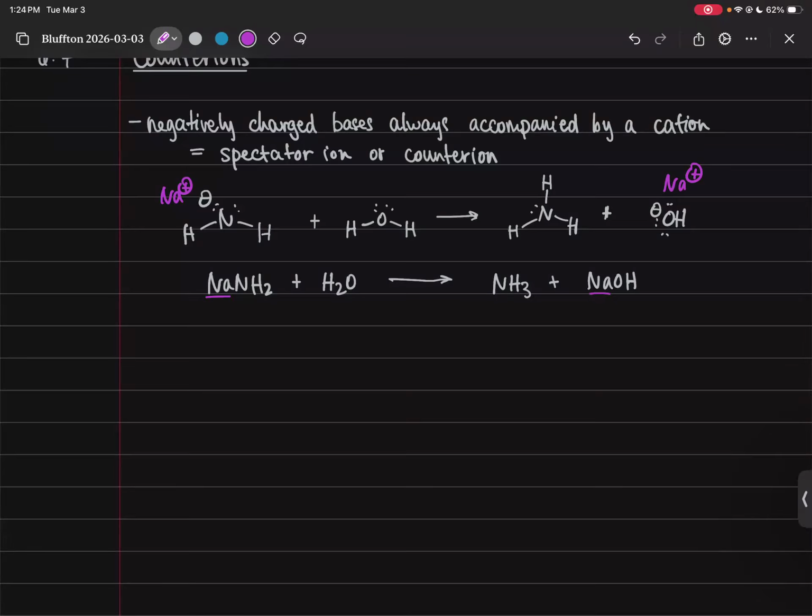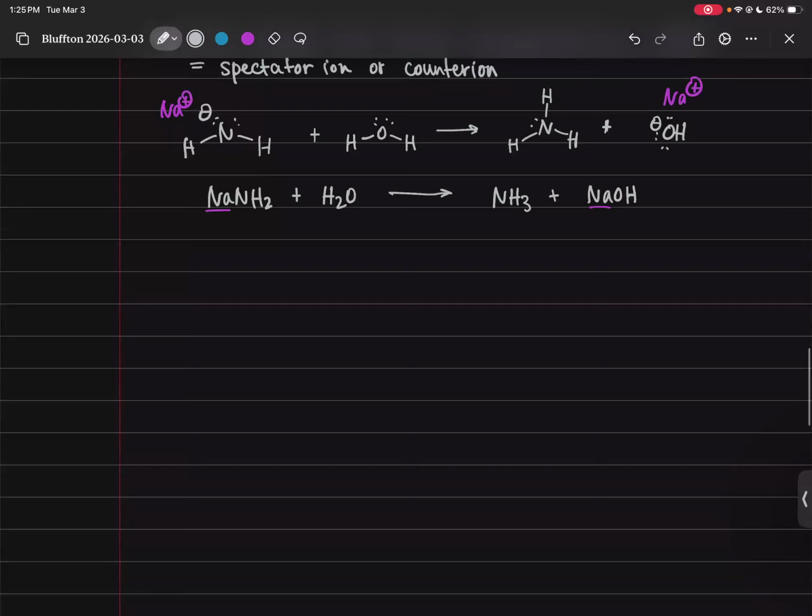However, what's more difficult is going the other direction, starting from an equation like that and trying to see what is a spectator ion that isn't important and what is. So let's do.